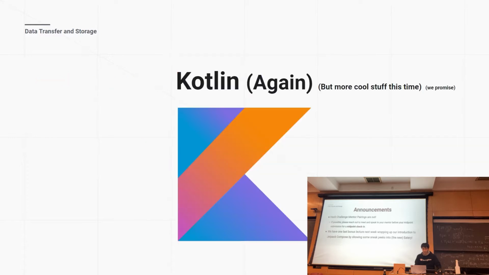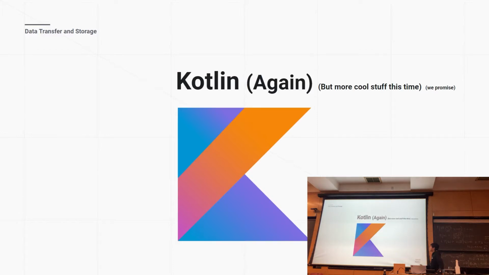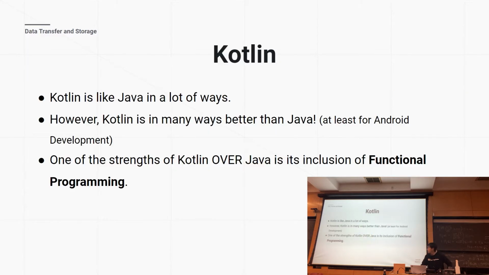Okay, awesome. So today we will be taking a little bit of a break from Jetpack Compose, from that framework, and diving into a deeper understanding of Kotlin and some of the cool stuff that Kotlin provides that Java simply doesn't, which makes Kotlin, in my opinion, the superior language for Android development. Kotlin is built off of Java, and therefore it is like Java in many ways.